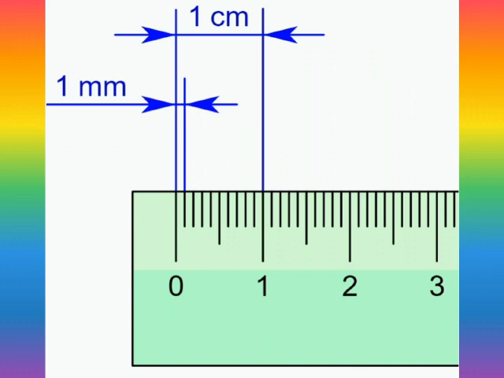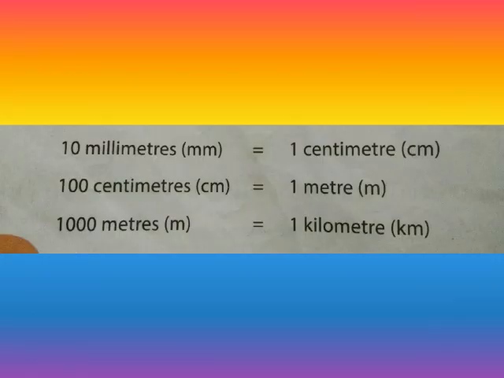That is, 10 millimeters is equal to 1 centimeter, 20 millimeters is equal to 2 centimeters, 30 millimeters is equal to 3 centimeters and so on. Like that, 100 centimeters is equal to 1 meter. Likewise, 1000 meters is equal to 1 kilometer.